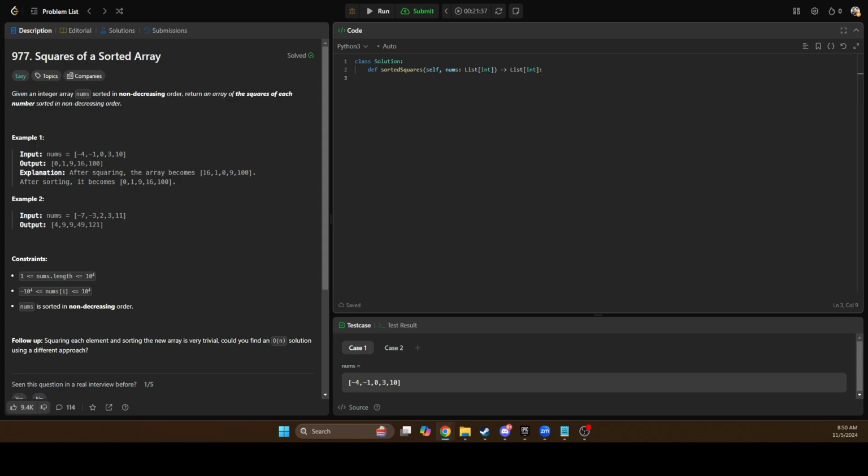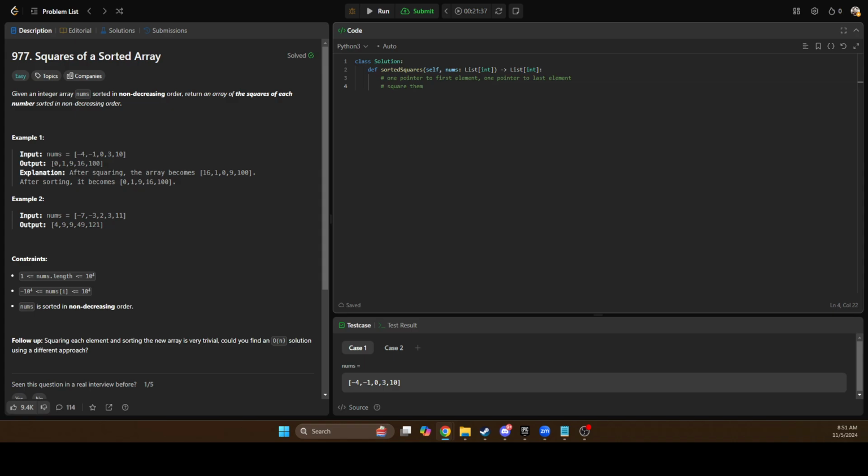But if you were to do it with an O of n solution, what you might be able to do is go through with two pointers, one pointing to the first element, one pointing to the last element, and square them.